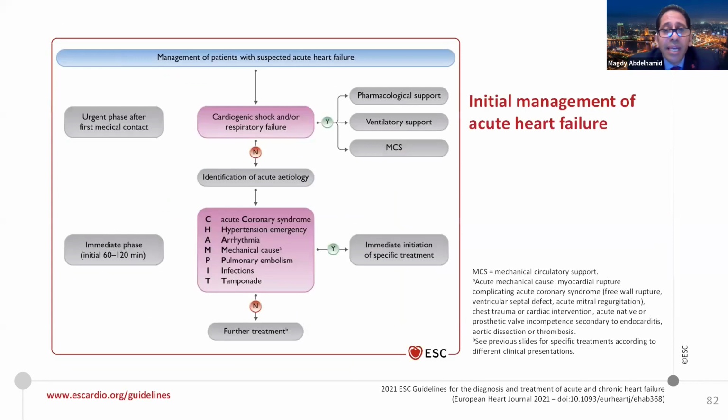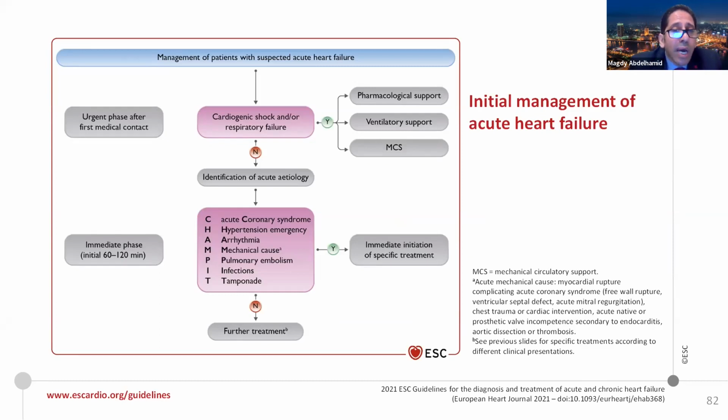So in the initial management of acute heart failure, the first step is to look for the presence or absence of cardiogenic shock and/or respiratory failure, because this needs pharmacological support with vasopressors, ventilatory support, and possibly mechanical circulatory support.